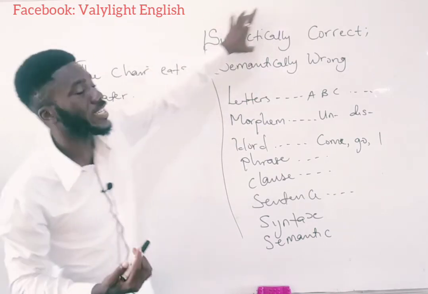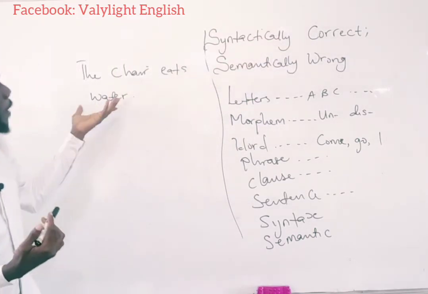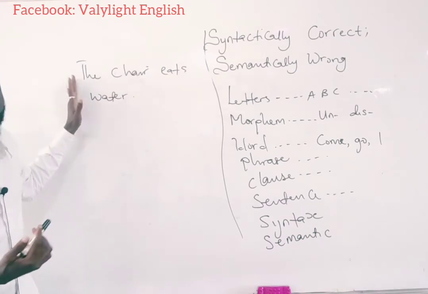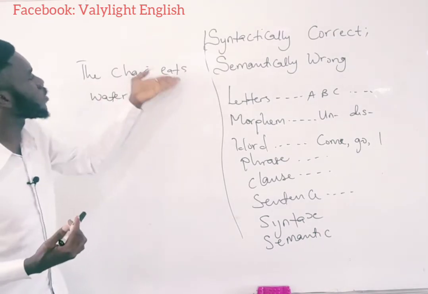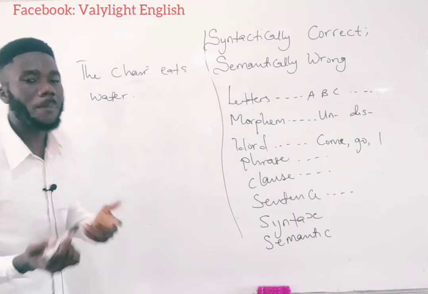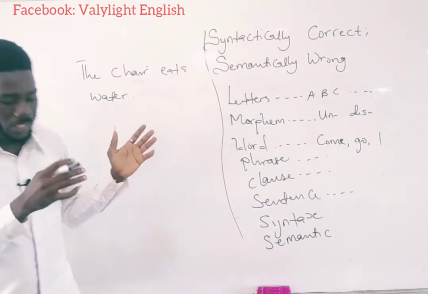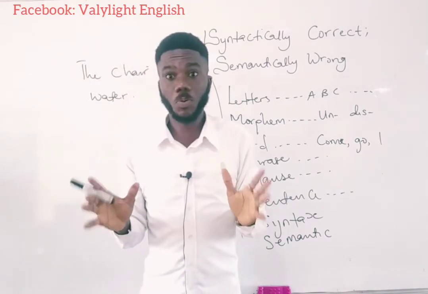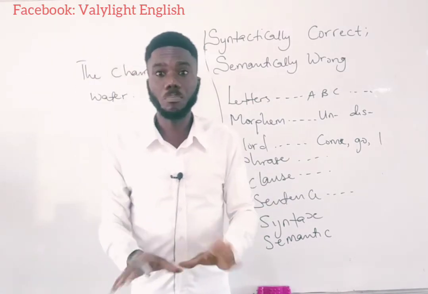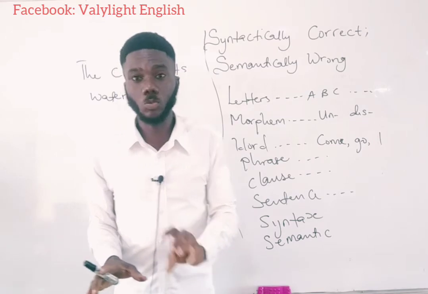Now, this sentence is syntactically correct. But when you talk about meaning, what you have here is meaningless. A chair cannot eat. And again, apart from that, you don't eat water, you drink water. So, this sentence is arranged properly, but it has no meaning. In terms of semantics, this is where it becomes wrong.